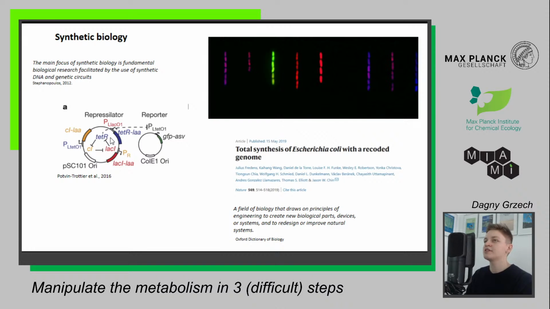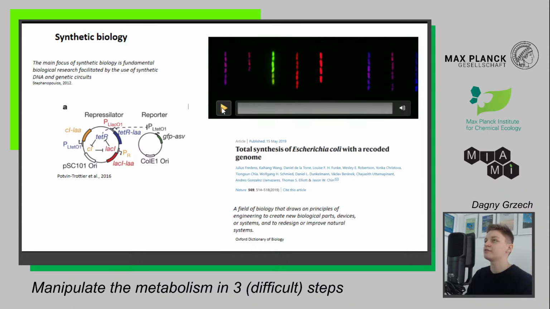And what the system does is that these genes' expression is dependent on each other. So the expression of one gene actually inhibits the expression of the next gene. And so you can see that the expression is kind of forming this wave pattern. And this is reported using different fluorescent proteins that emit different colors.